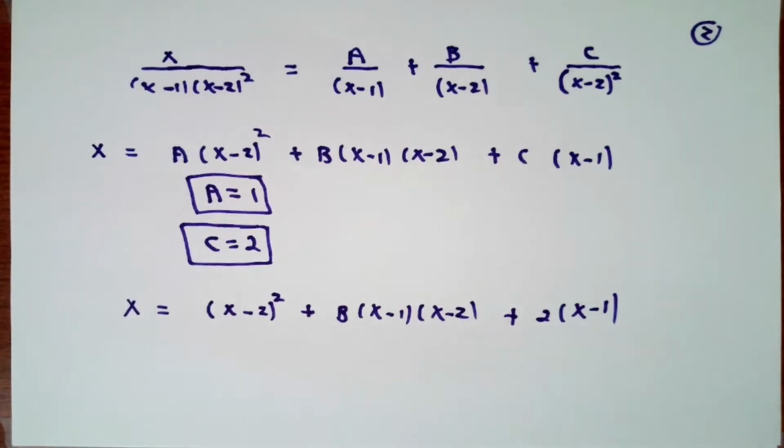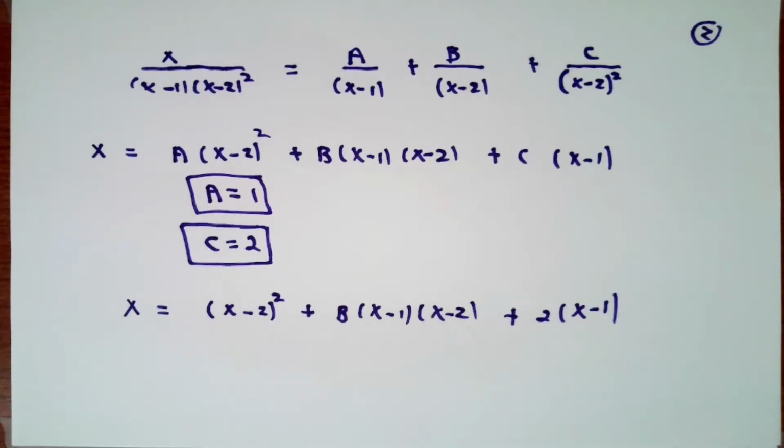There's two different ways that I can approach this. One is just to pick some random value of x other than 1 or 2 and evaluate this expression at that x value. That should tell me what the B is. And then there's another way that I could look at this, but we'll do the first one first and then look at the second one.